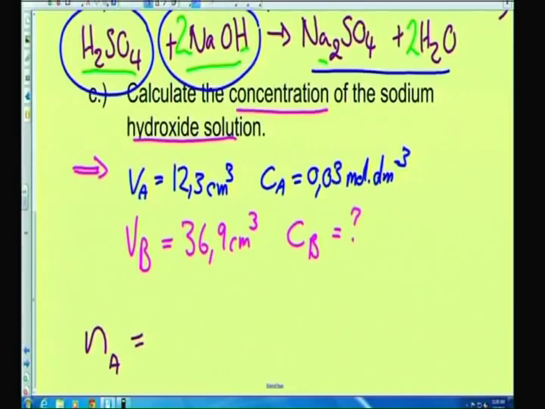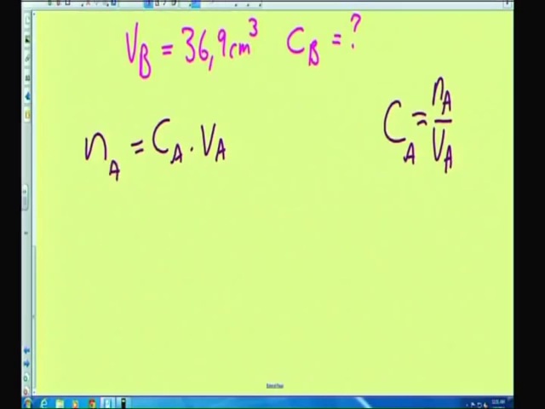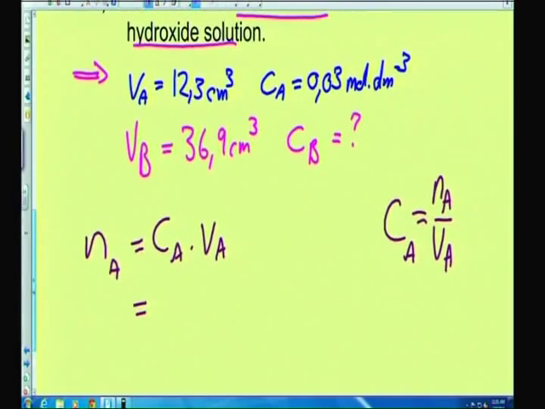I remember the formula that says concentration of acid is equal to the number of moles of acid over the volume of the acid. So I rearrange that equation: the concentration of the acid times the volume of the acid will give me the number of moles of acid.